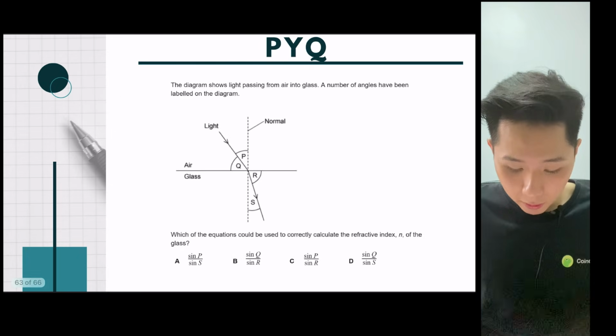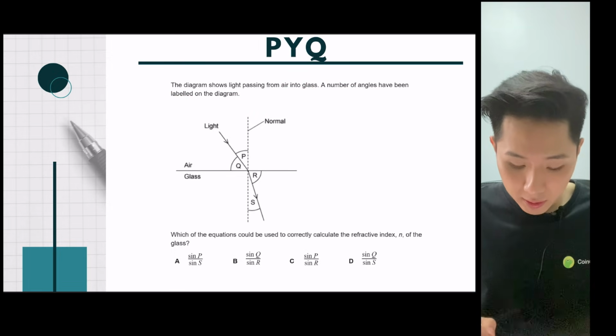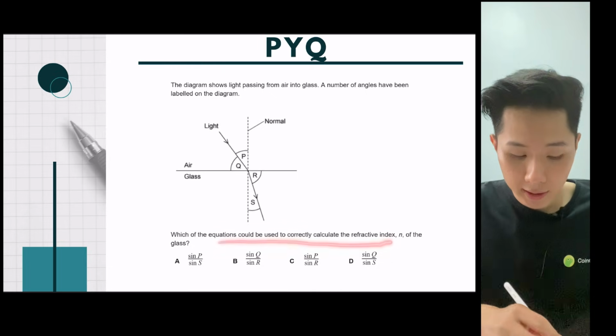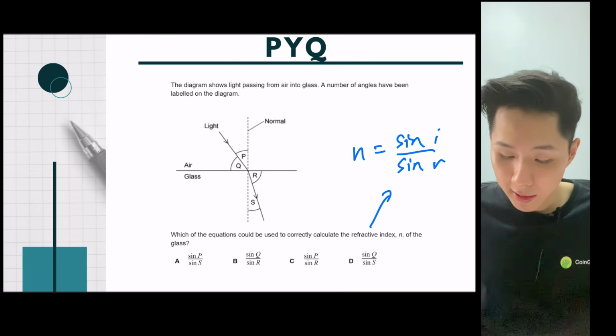Great. So the second question: the diagram shows light passing from air to glass. A number of angles have been labeled. Remember, they ask which expression should be used to calculate the refractive index. The formula is n equal to sine i over sine r. i stands for the incident angle.